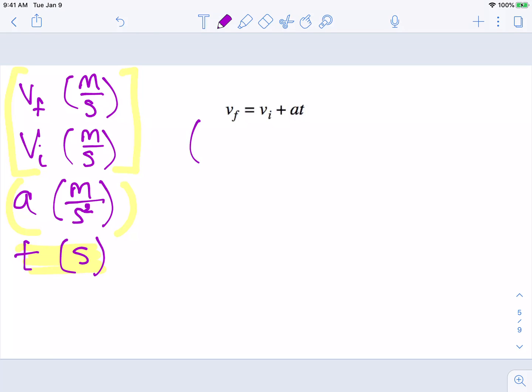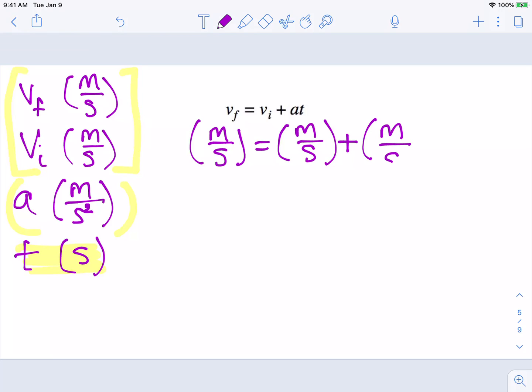So on the left, I already said that's meters per second for final velocity. On the right, I have VI, so that's meters per second, plus the acceleration units, which are meters per second squared, and that's times seconds because we have times time, so that's times seconds.